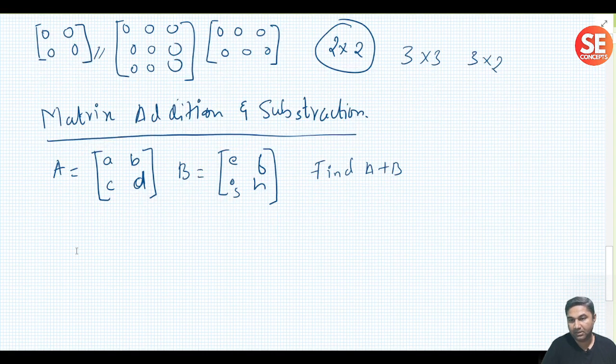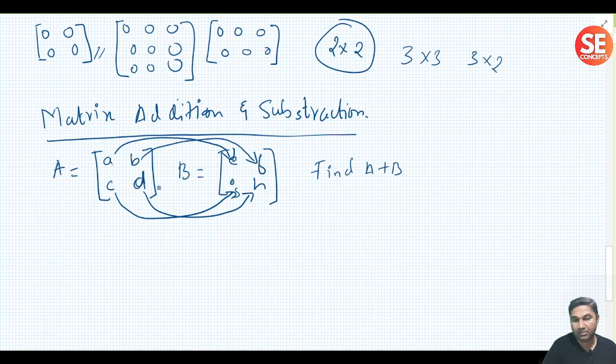Very simple. What you have to do is add the first number of A matrix to the first number of B matrix. Then add the second number of A matrix to the second number of B. Then add the third number of A to the third number of B. Then add the fourth number of A to the fourth number of B. This is the concept you have to understand.